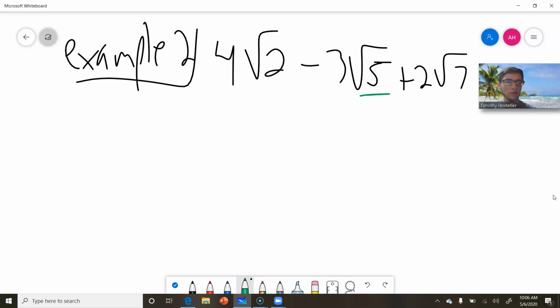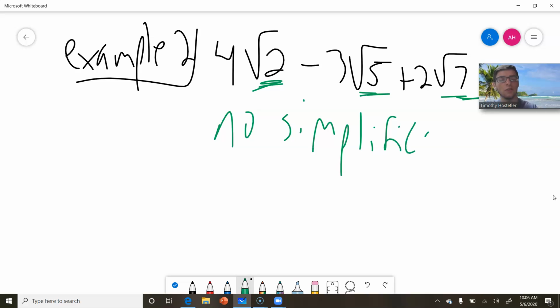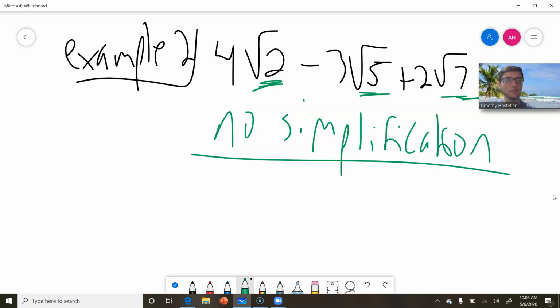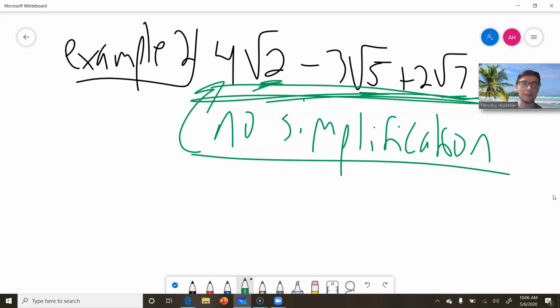Now, if I look here, 2, 5, 7, I can't simplify that. None of them are the same. It's like trying to add x, y, and z, right? It doesn't work, so the answer here is no simplification. That's as simple as it gets. This is the best we can write it. It can't be any more simple.